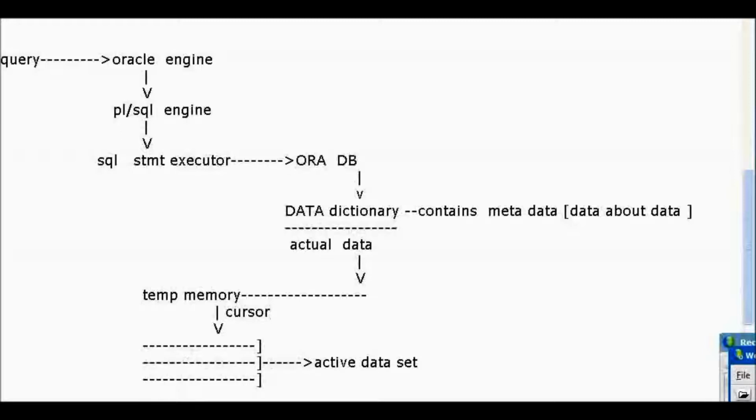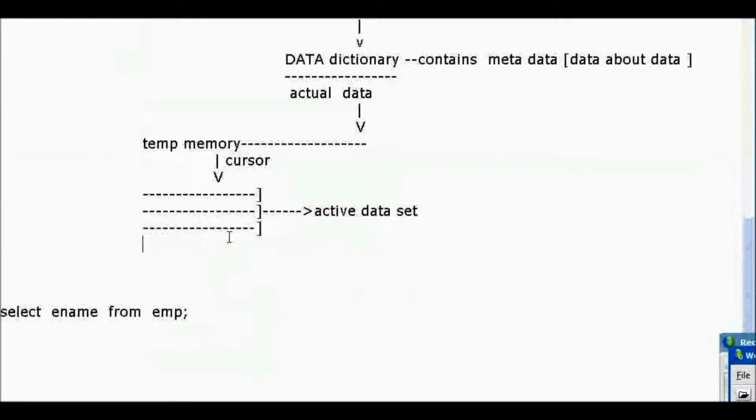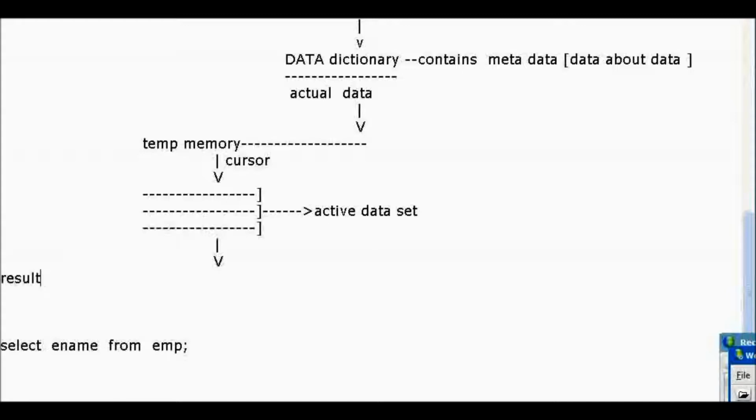Okay, from the opened EMP table, what is your required column data? ename, yeah. So from here, it will take the result. Now is it clear?